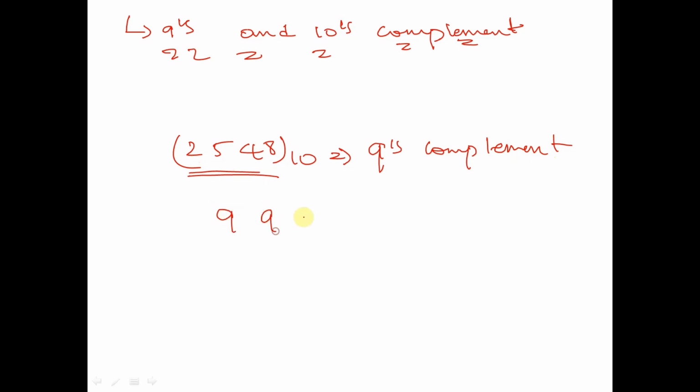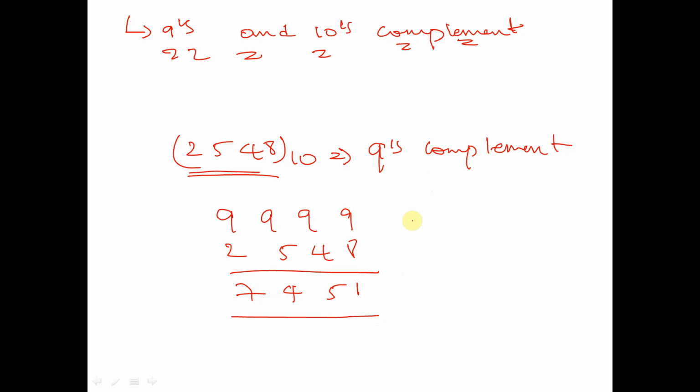So 9999 minus 2548. 9 minus 8 is 1, 9 minus 4 is 5, 9 minus 5 is 4, 9 minus 2 is 7. 7451 is our nines complement of 2548.